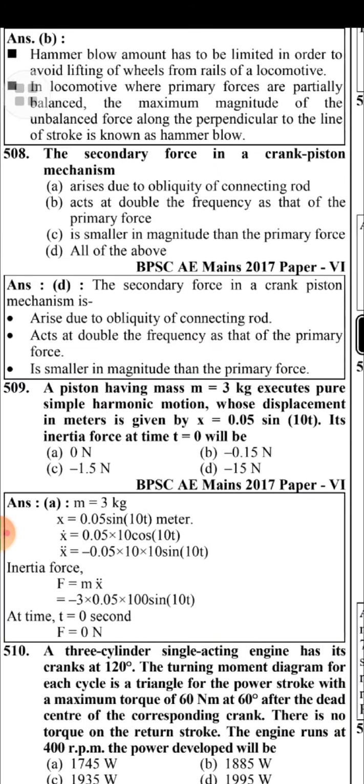A piston of mass 3 kg executes pure simple harmonic motion whose displacement in meters is given by x = 0.05 sin 10t. Its inertia force at time t = 0 will be?